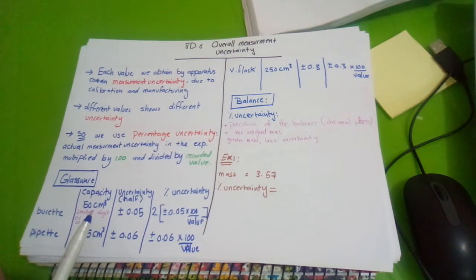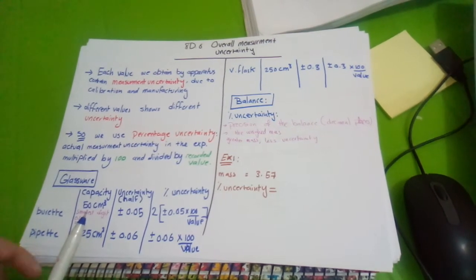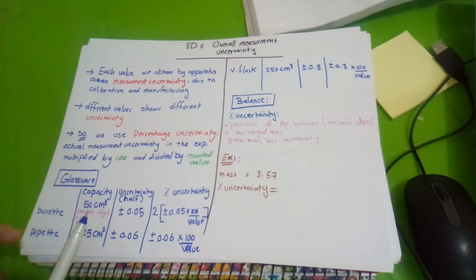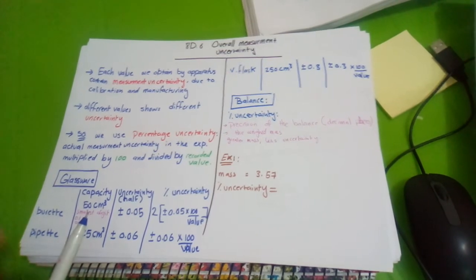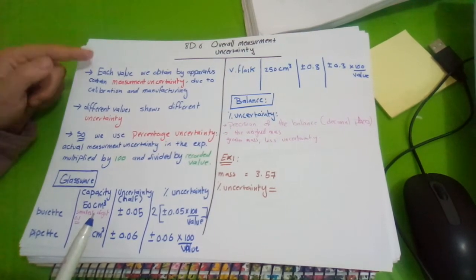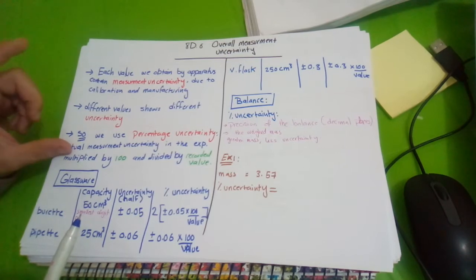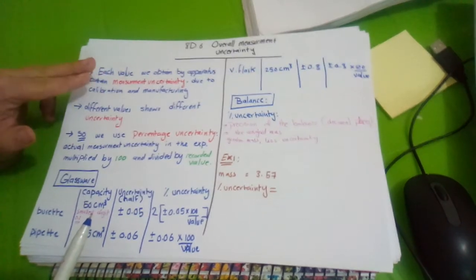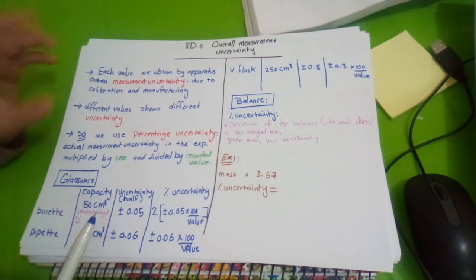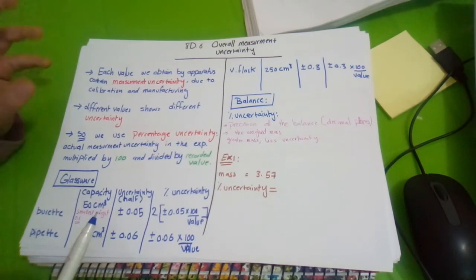Why? Because we repeat the procedure to get the volume 2 times. In order to read any volume from the burette, I will read the initial volume, then the final volume, then I will subtract them. By subtracting those two values, I will get my volume.